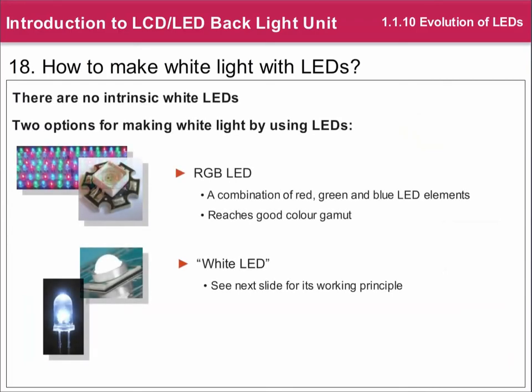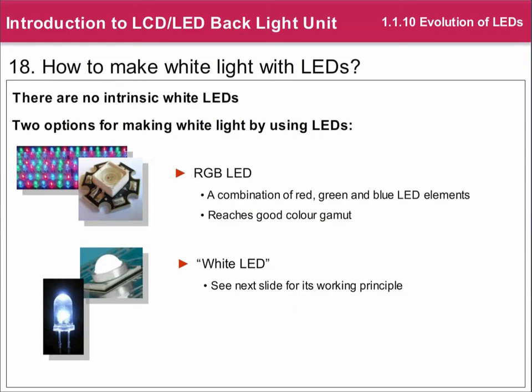As a white LED does not exist as a chip, we only have red, green and blue LED chips. For that, we need to create white light by using a trick. The RGB LED solution is based on using three different LED chips for red, green and blue, either combined in one package or as separate LEDs. Red, green and blue light will be mixed to white light then.